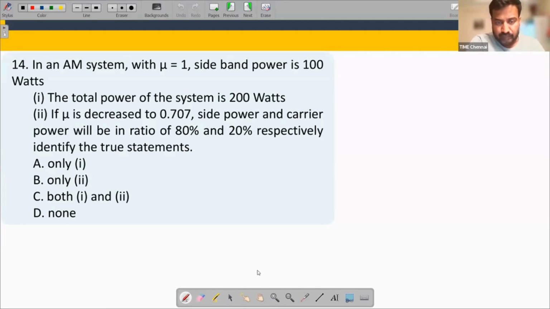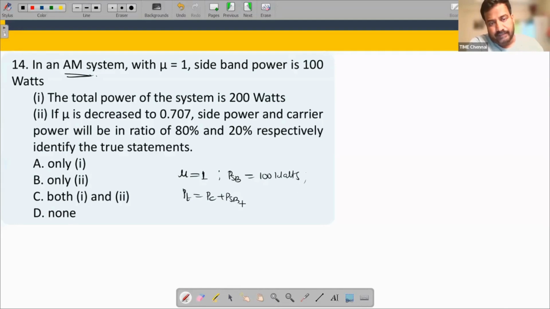Oh, what's the answer? In an AM system, mu is equal to 1. Sideband power is 100 watts. Find the total power. Total power is carrier power plus sideband power.